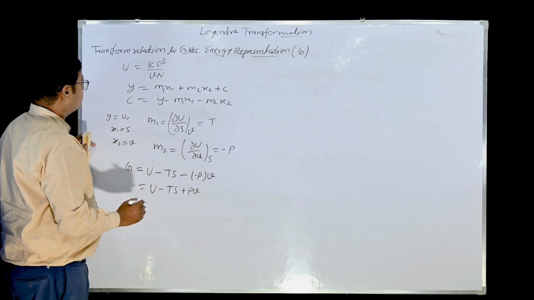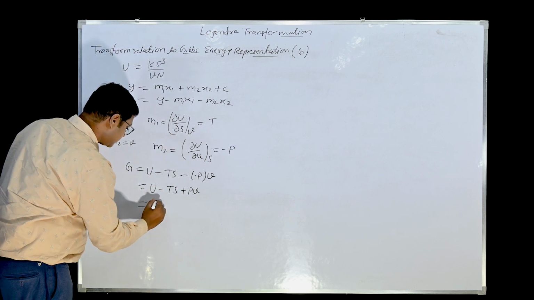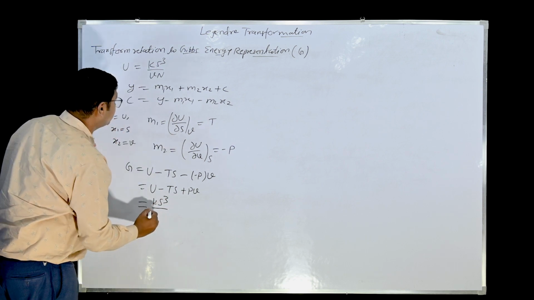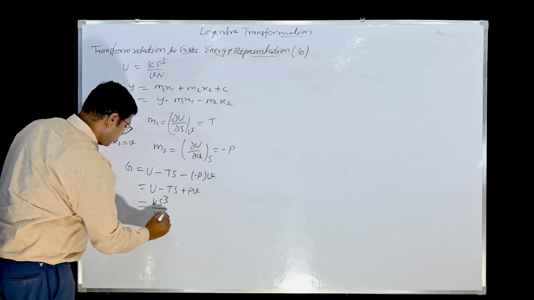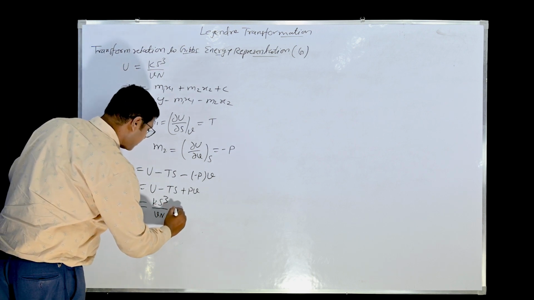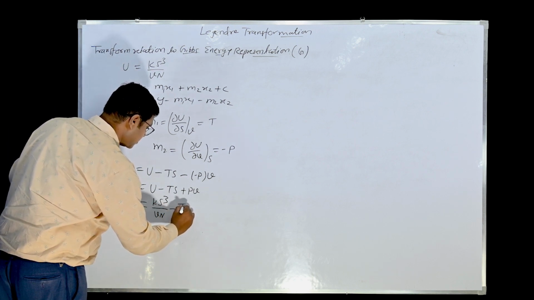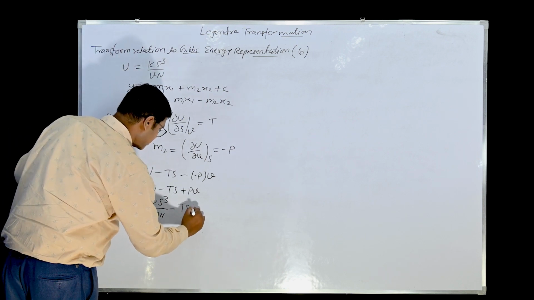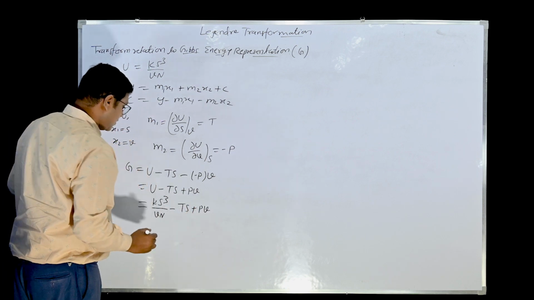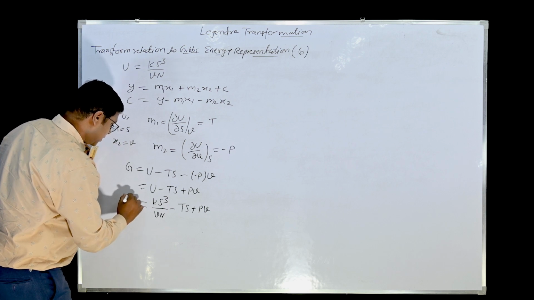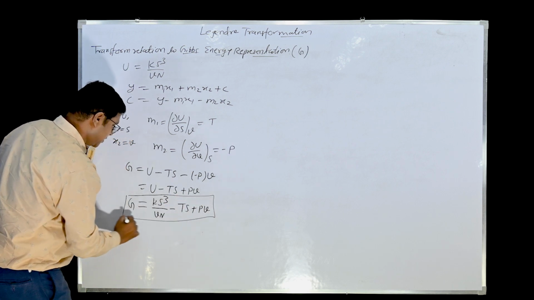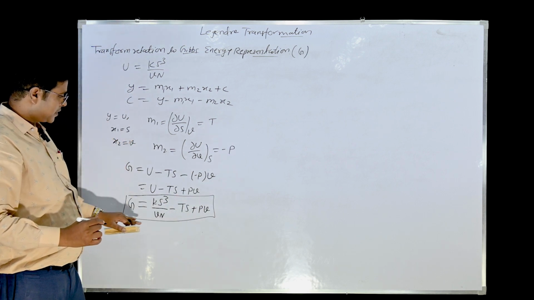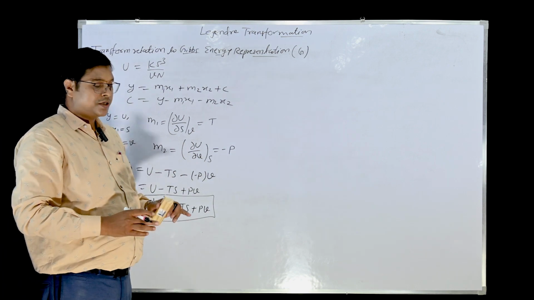So U is equal to, it is given, K S cube by Vn, so G equals K S cube by Vn minus TS plus PV. This is the relation for Gibbs free energy, but still this relation is not complete.